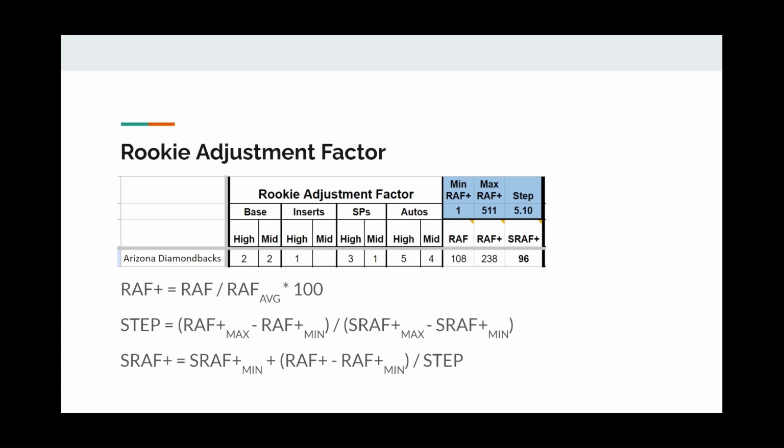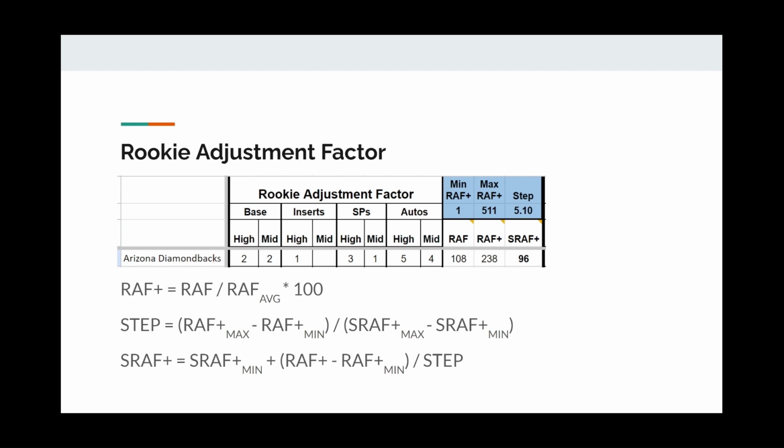So for my process, I set a minimum of 50 for the SRAF plus value and a maximum of 150 for the SRAF plus value. So to calculate SRAF plus, you first need to find the step value, which is just the max RAF plus minus the minimum RAF plus, then divided by the scale that you want to change it to.